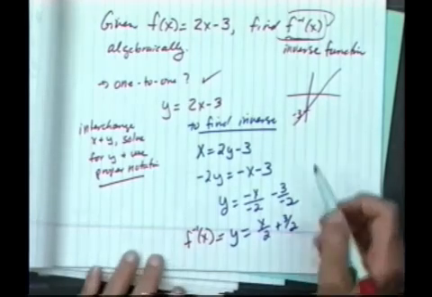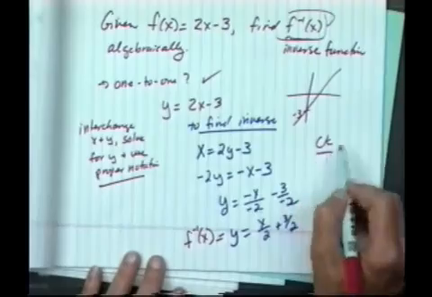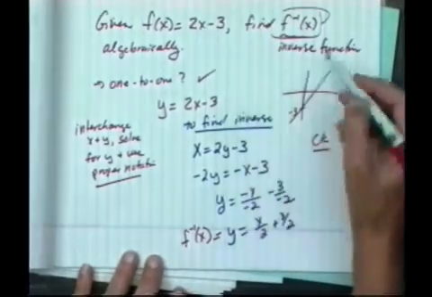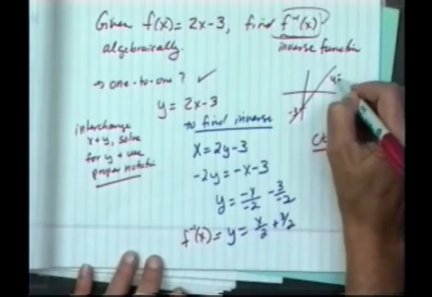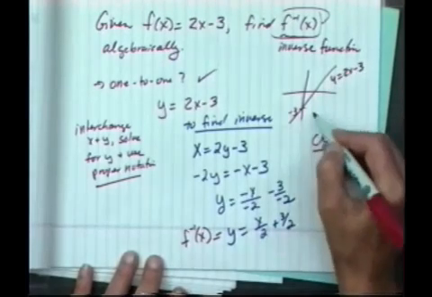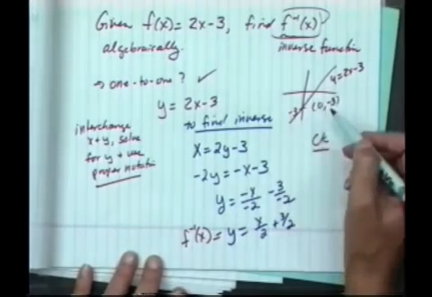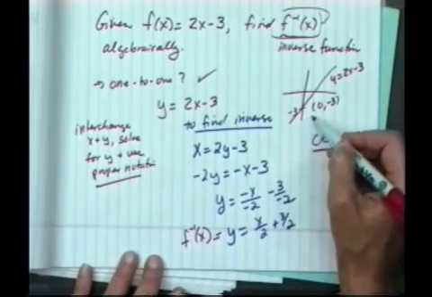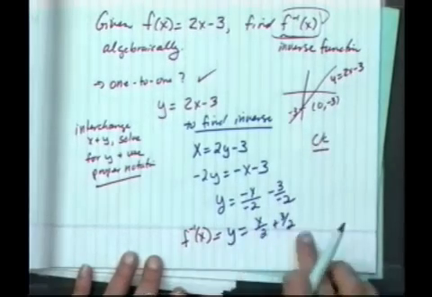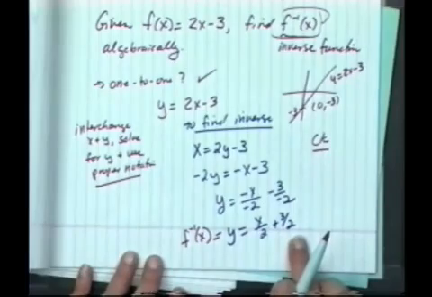All right, let's just do a little quick check. Notice that the graph y equals 2x minus 3 has the point (0, -3) on it. Y-intercept (0, -3). So that means what point should be a solution here?